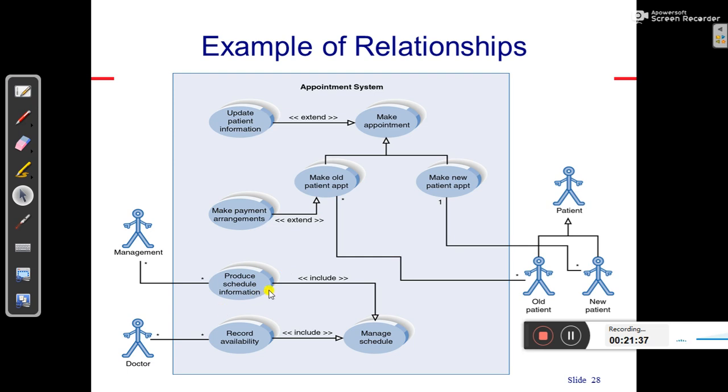So here you can see again the same diagram to understand more. This is the appointment system. These are the actors. These are the links or communication. These are the use cases in the single use case diagram, and there are various relationships which might be extended or included. Inclusion means those are a must.